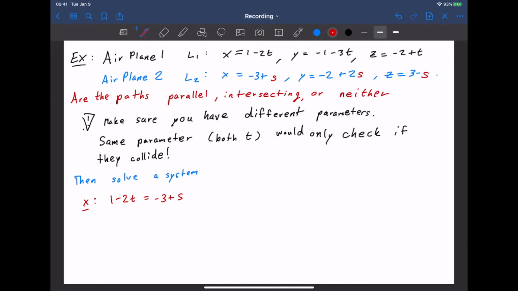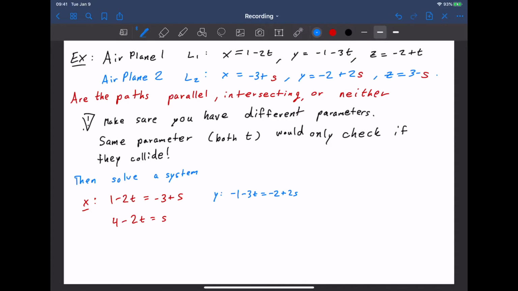I want to solve that for one variable. We're mostly going to be using substitution here. So that's 4 minus 2t equals s. For my y's, I'd have negative 1 minus 3t equals negative 2 plus 2s. If you're having trouble seeing where this is coming from, I'm literally just setting the two x equations equal to each other, now the two y equations equal to each other.